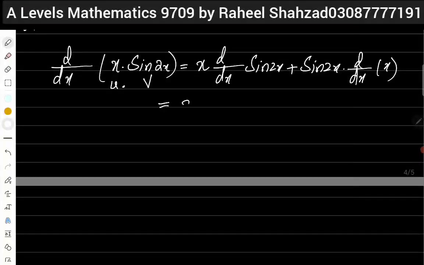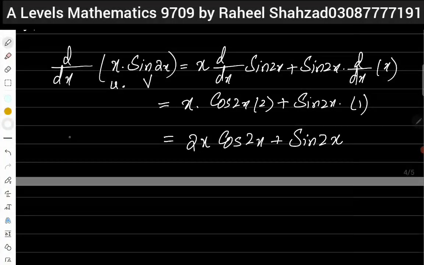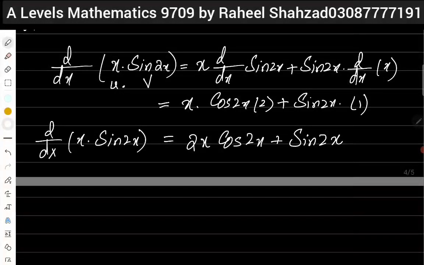The derivative of sin 2x is cos 2x into the derivative of the angle, plus sin 2x into the derivative of x, which is 1. So my final answer is 2x cos 2x plus sin 2x. This is the derivative of x sin 2x.